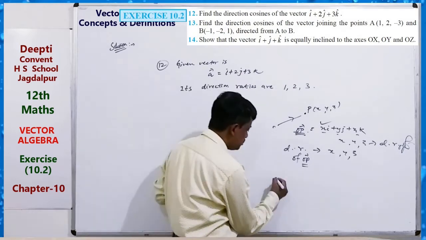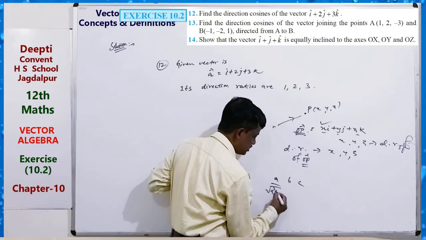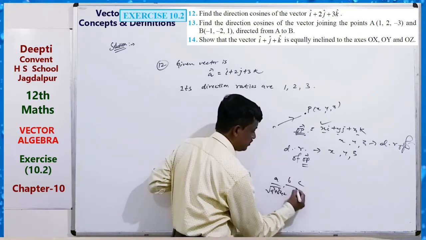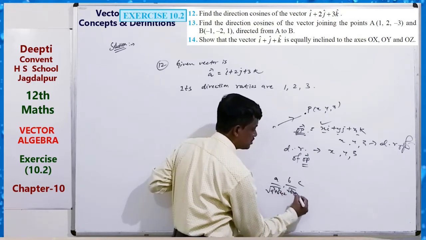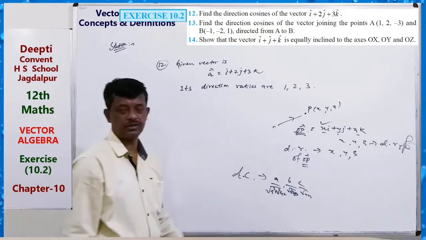If direction ratios are a, b, c, then its direction cosines are a, b, c each divided by root of a square plus b square plus c square. This is the direction cosine.